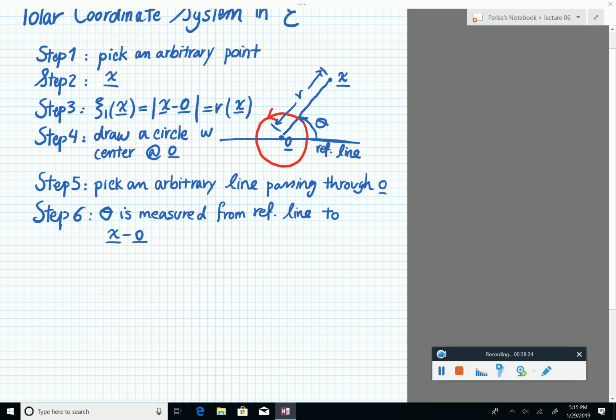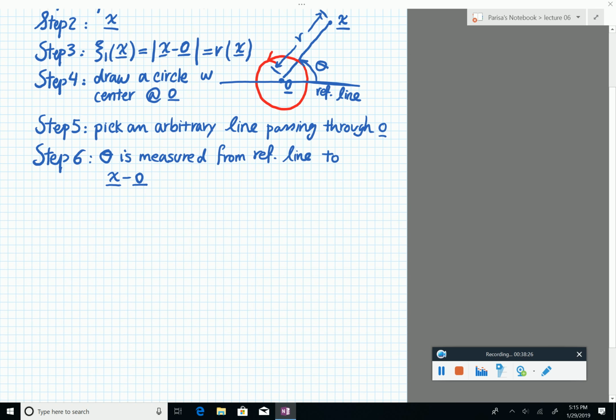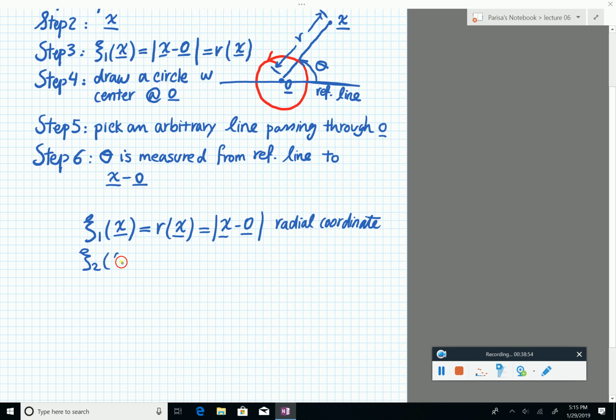So now we got the 2 coordinates that we were looking for. The first one we call the radial coordinate, and the second one we call the angular coordinate, and I just use theta.